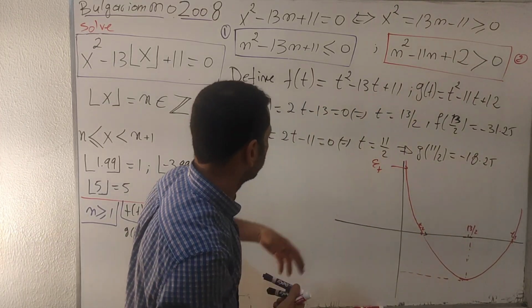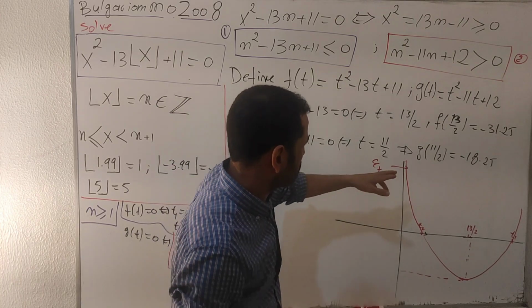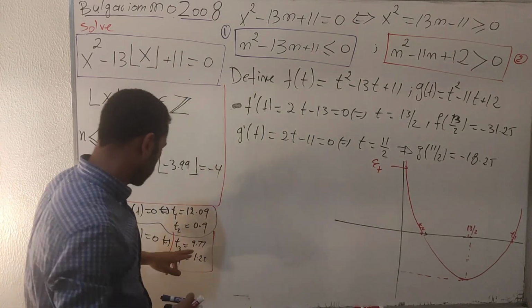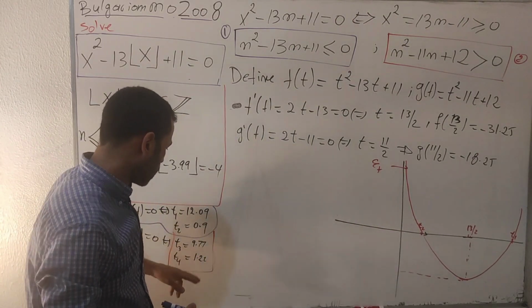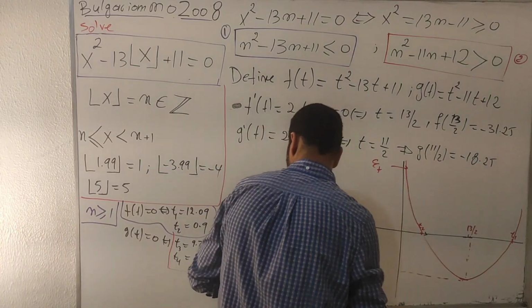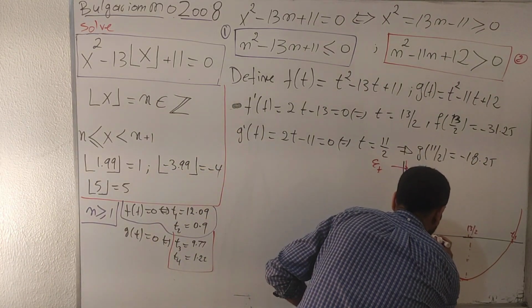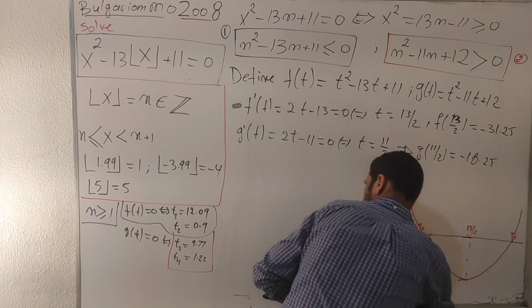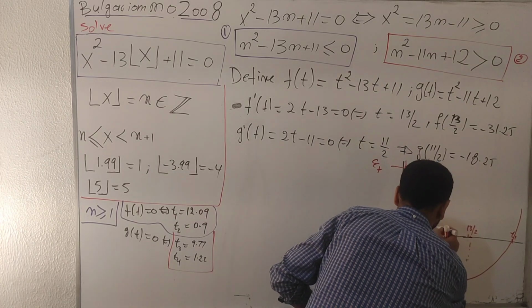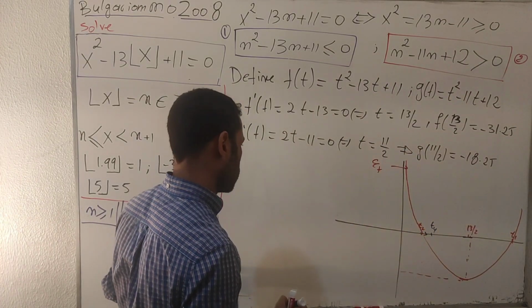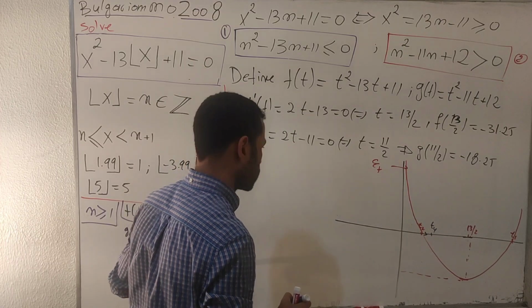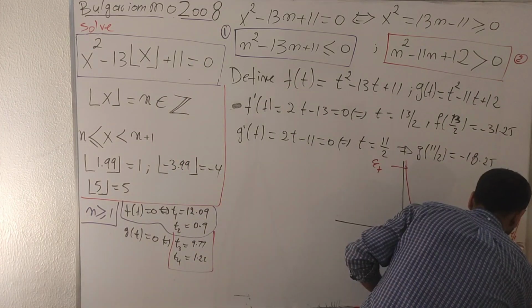Let's check the graph of g. So I have the intersection points with OX. I get 1.22 and 9.77. 1.22 is going to be like this here. Let's call it T4. T3 is 9.77, and it is going to be here.